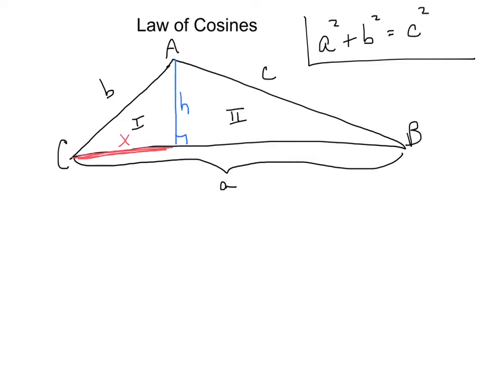I'm going to do it in green. Now if the whole thing is a, and this piece over here I've labeled as x, then this piece here I can label as a minus x.